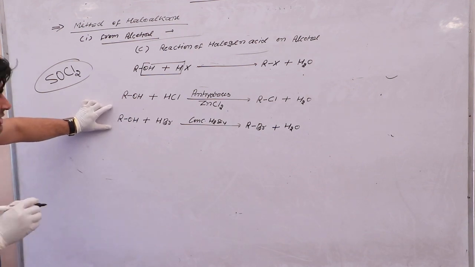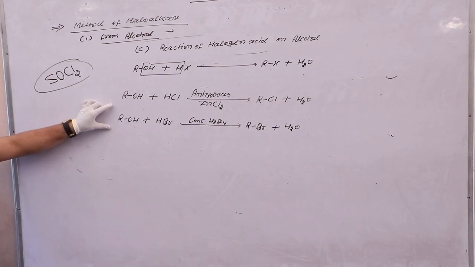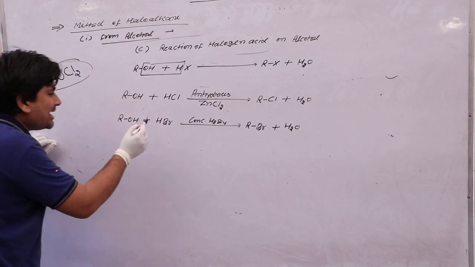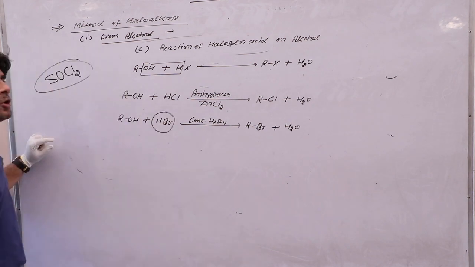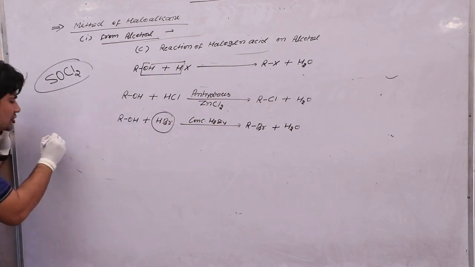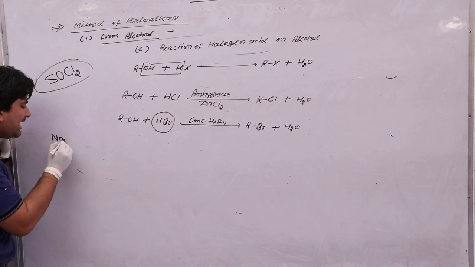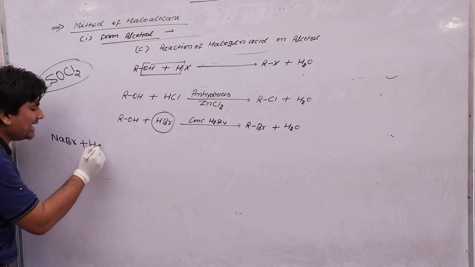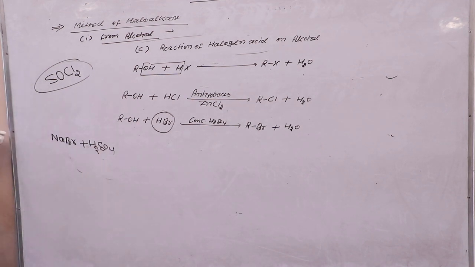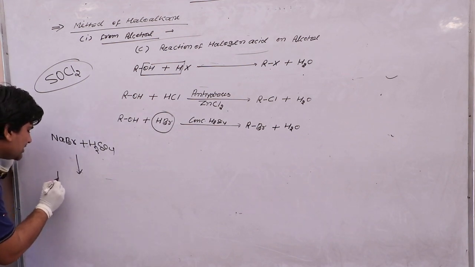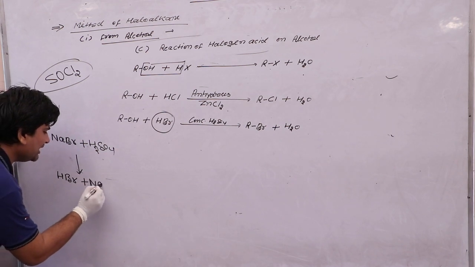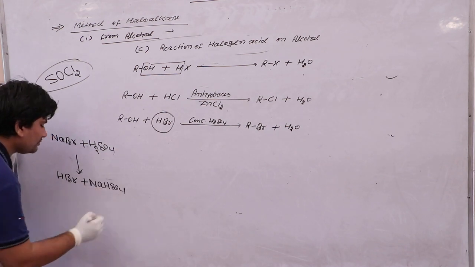This reaction is most important in the RBSE board exam, because HBr is obtained by the reaction of NaBr and H2SO4: H plus Br minus gives HBr plus NaHSO4.